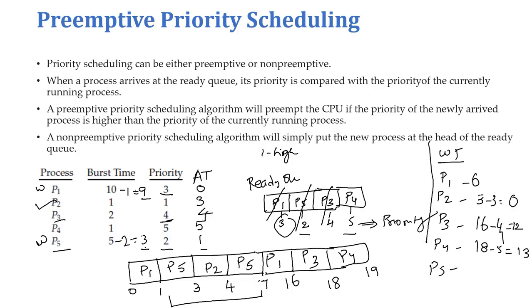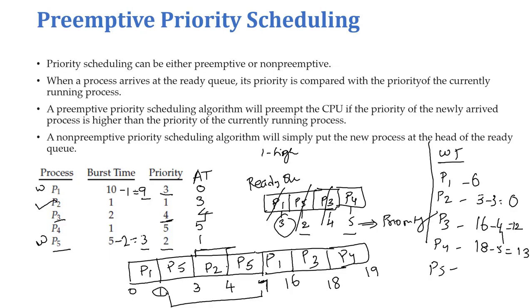And then P5 arrival time is 1. It is getting a chance at 1, but it does not complete its process; again at the time of 7 only it is completed. So this period is the waiting time for P5. When it is completed, we need to check. Arrival time is 1, so here it is not waiting time; directly we just start working.